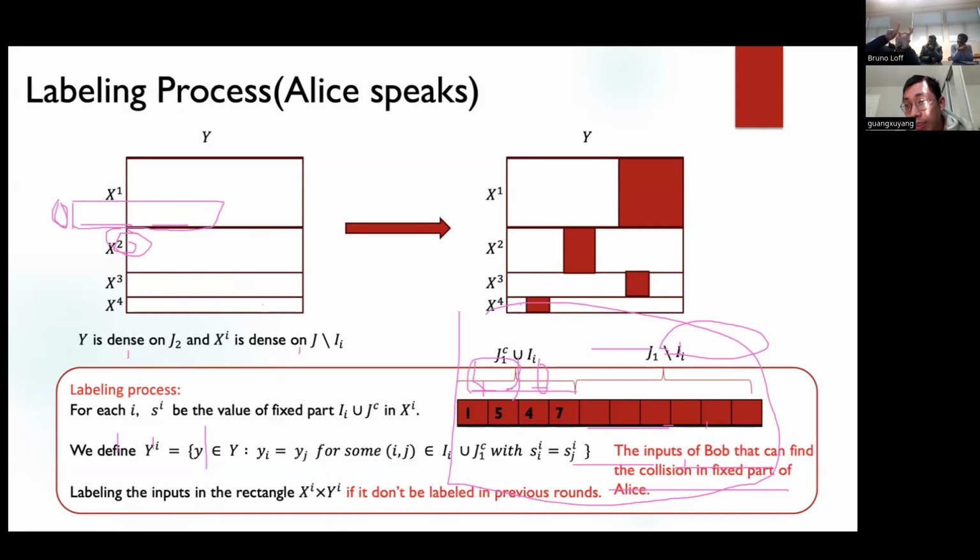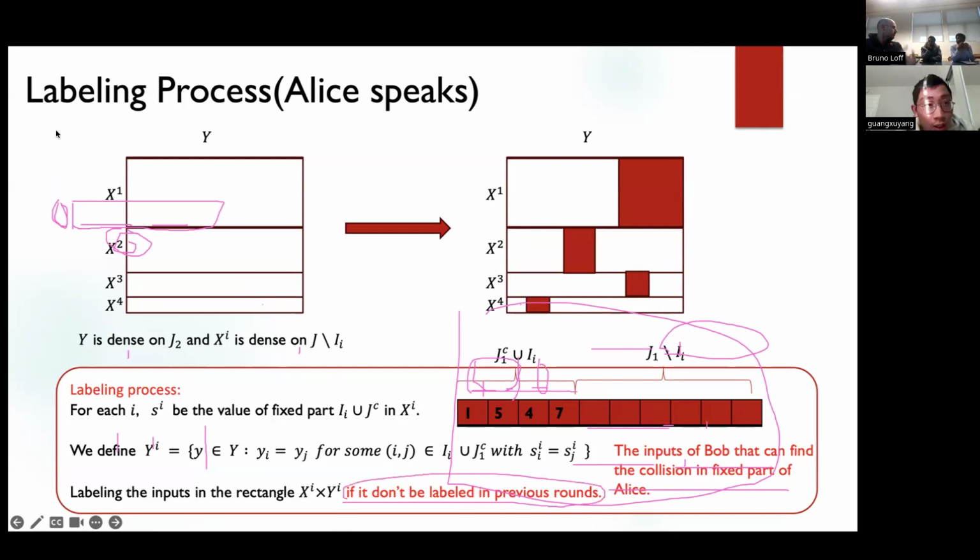But if there was a collision in J1's, basically Alice's fixed part and Bob's fixed part, before Alice spoke, in the pairs where both come from both J's, then that holds, right?